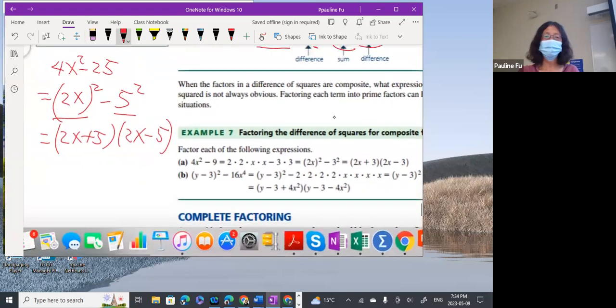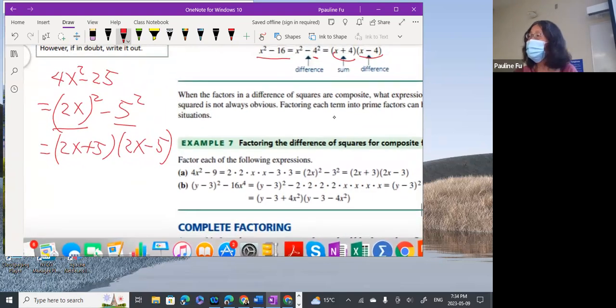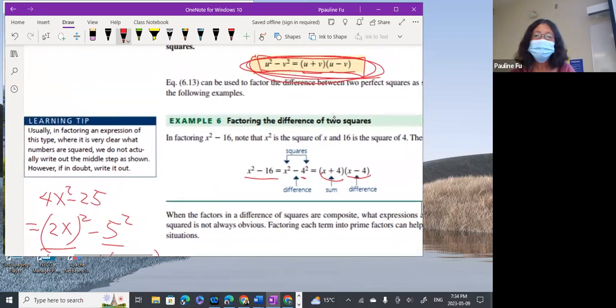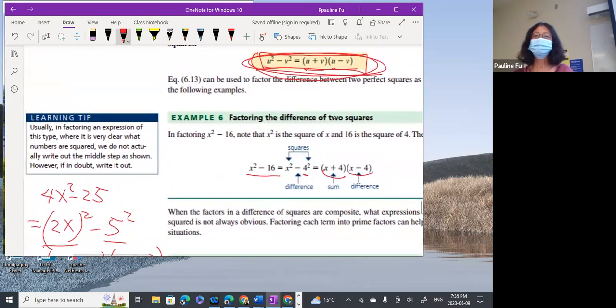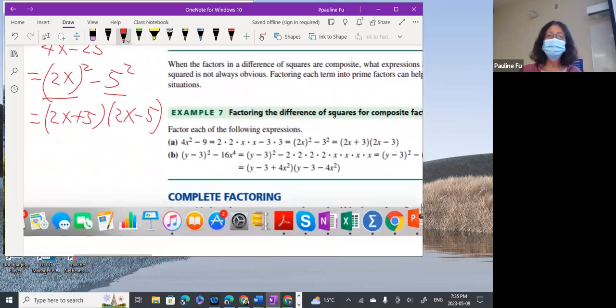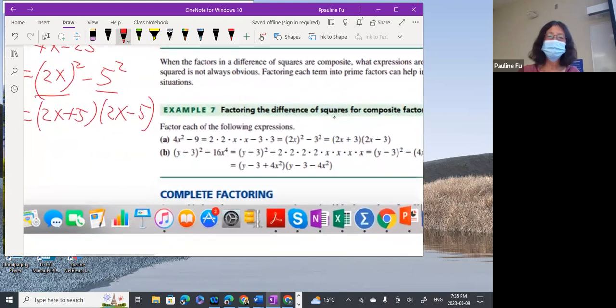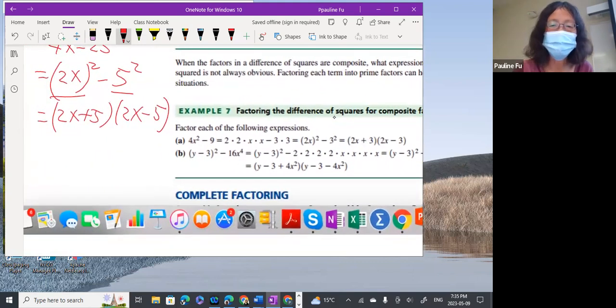Okay, examples, shall we move on? Yes, sure. Oh, thank you. Okay, example 7. Factor 4x squared minus 9.